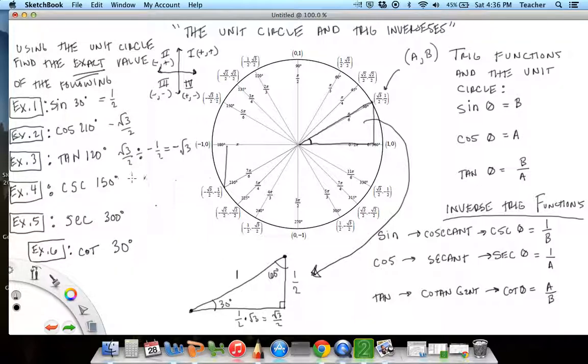If we have 1 divided by negative square root 3 over 2, right? I'm taking a very long way here, and I'll show you how to quickly do this. And we take the inverse of that, so that would be -2 over square root 3, okay?